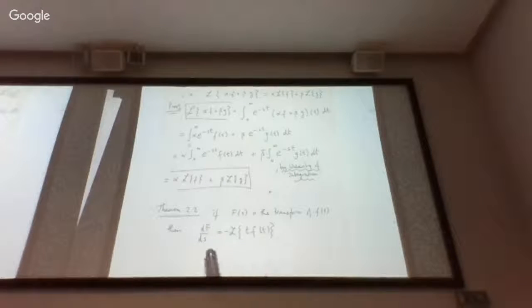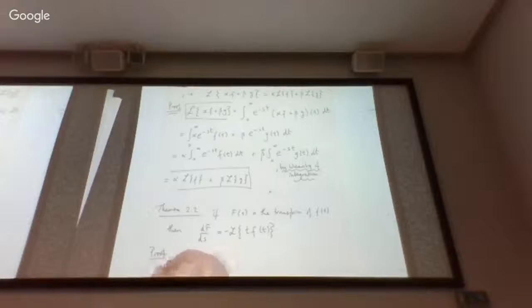So there's a nice link between differentiating the transform with respect to its variable, because remember s is the variable of the Laplace transform, and multiplying the original function by t. So the derivative of capital F is minus the transform of t times f. So let's look at the proof of that.